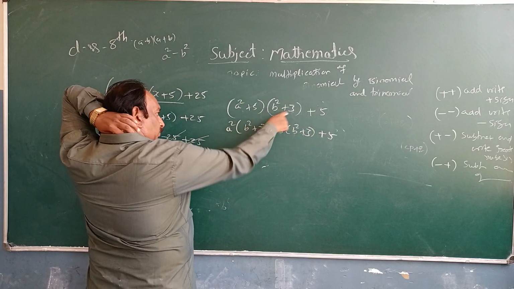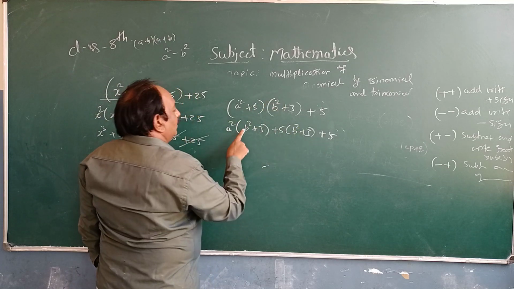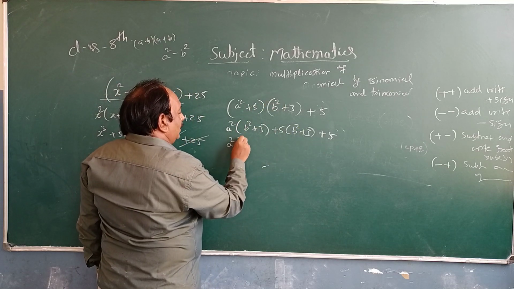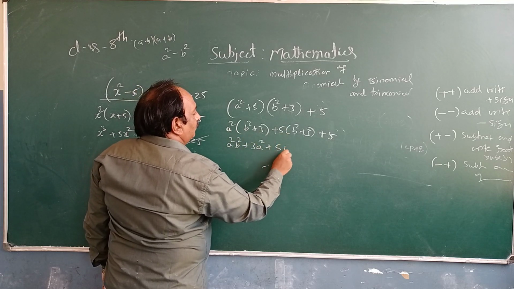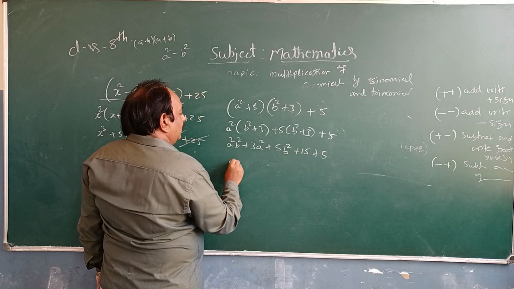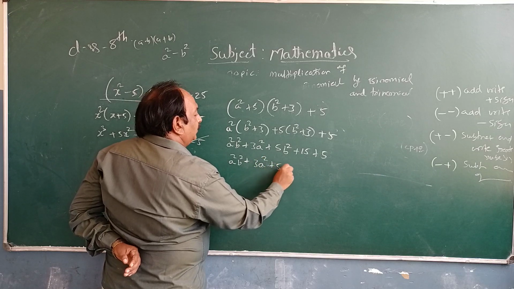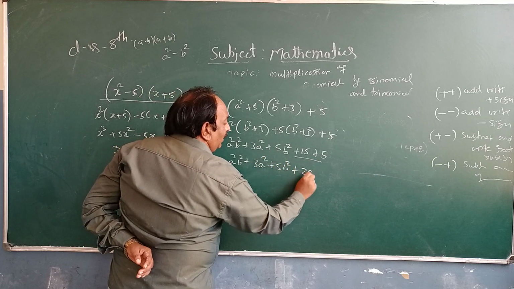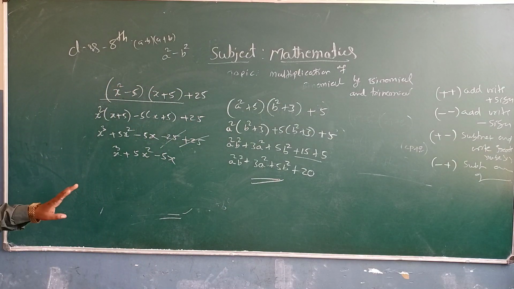So a square into (b square plus 3), 5 into (b square plus 3) plus 5. a square b square plus 3a square plus 5b square. 5 threes are 15 plus 5, 20. So we have multiplied and simplified.